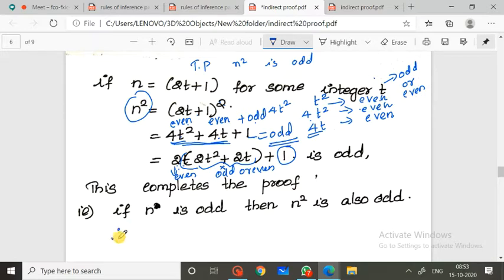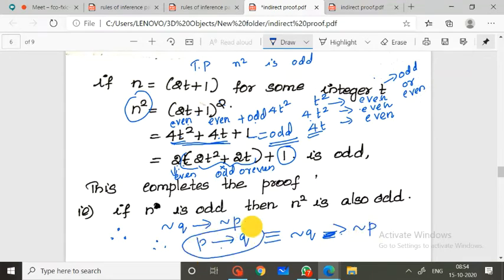So we can say we have proved that negation Q implies negation P. Already we know that P implies Q is equivalent to negation Q implies negation P. The given statement is, if n is even, then n square is also even, but it is equivalent to the contrapositive statement that we have taken.